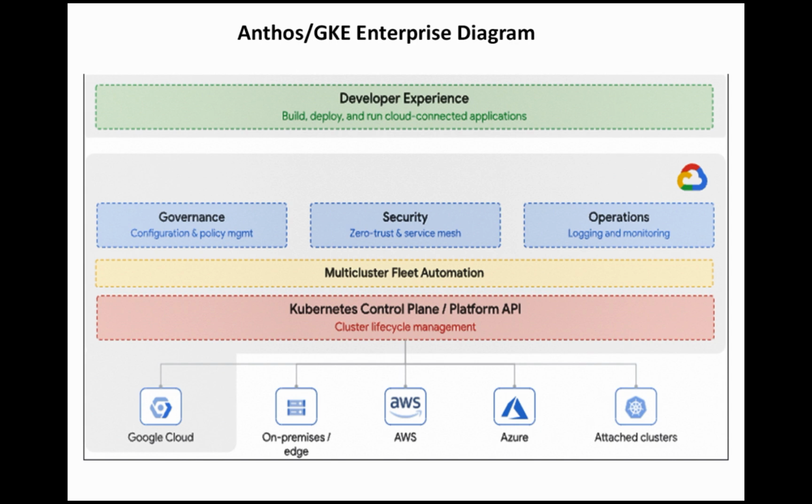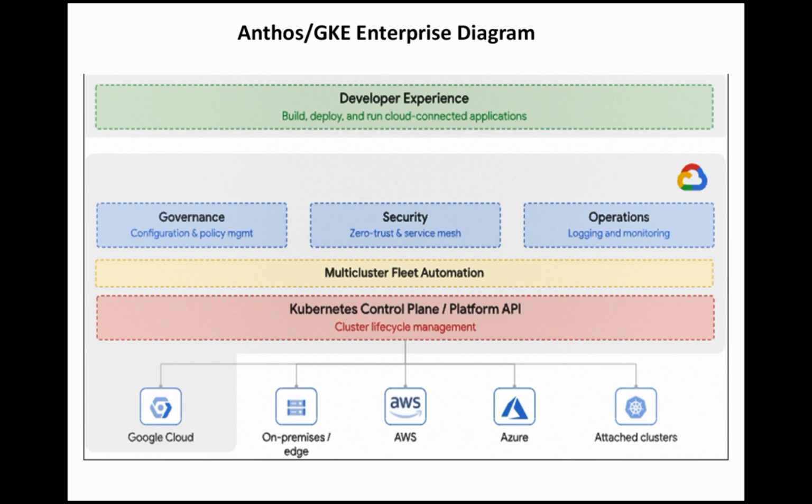At the bottom, it has the option of Kubernetes clusters created on Google Cloud, on-premises, at the edge, on AWS, or even on Azure. This is scenario one: you can create your GKE clusters on Google Cloud, on-premises, on AWS, or on Azure.